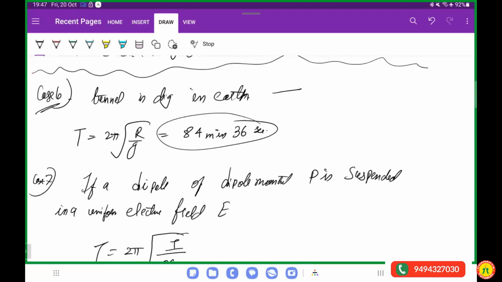Okay, let's have this calculation. This will be interesting. How did we get this value? They have written the value here, but let's see. Radius of Earth is 6400 divided by g, 10, under root, 8, 9 into 2 pi.